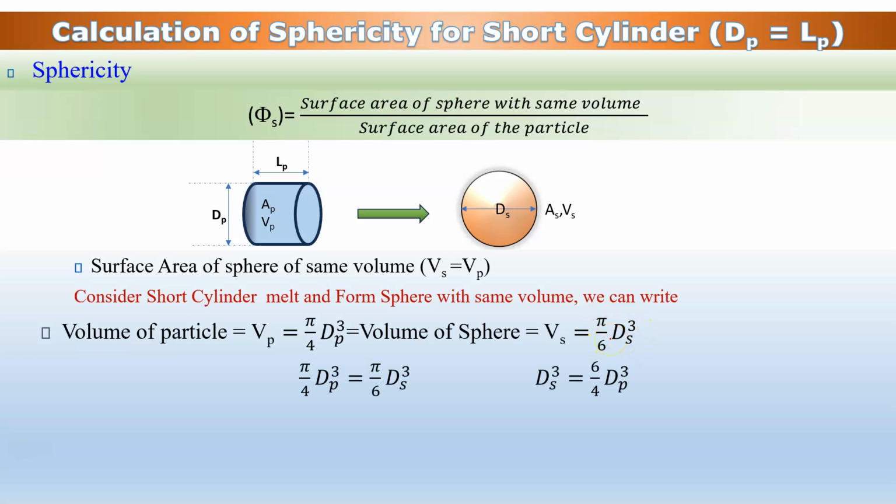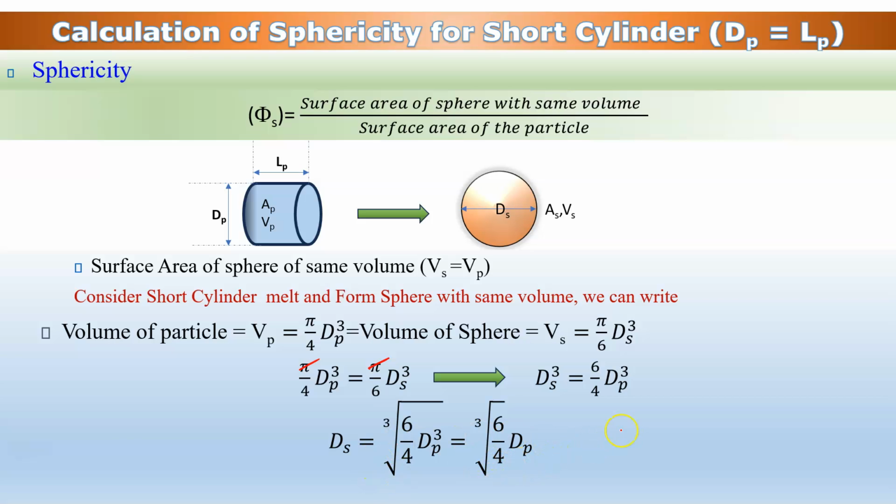Now from here we can do the relationship. So pi by 4 dp cube is equal to pi by 6 ds cube. So ds cube will be 6 by 4 dp cube, as pi cancels out. Now from here, ds will be the cube root of 6 by 4 dp cube, or the cube root of 6 by 4 times dp.